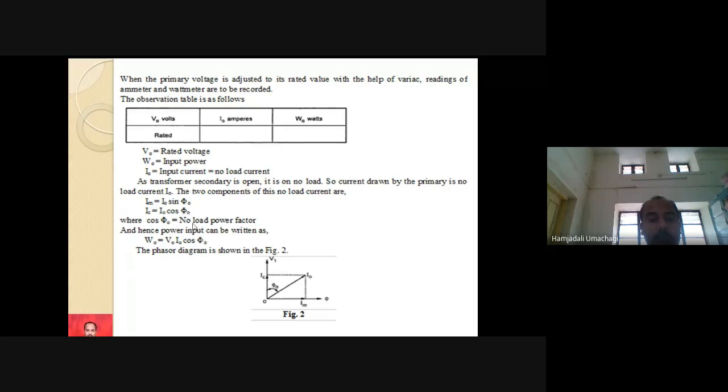If you apply this phi naught value for the cos function and multiply it with the no load current, which is already read from the ammeter, then you'll get the active component, that is Ic. So this is how we estimate the magnetizing branch equivalent circuit parameters, that is Im, Ic, I naught.